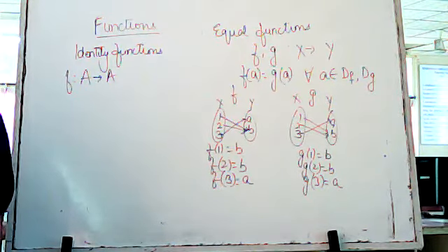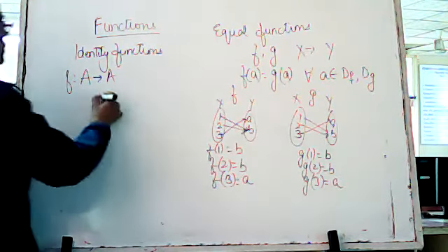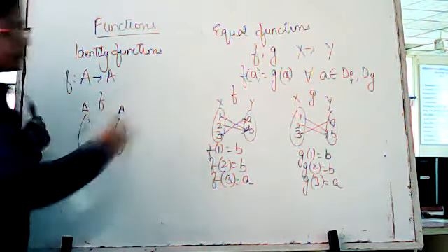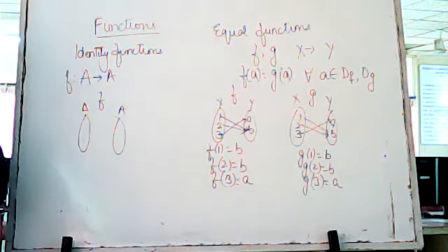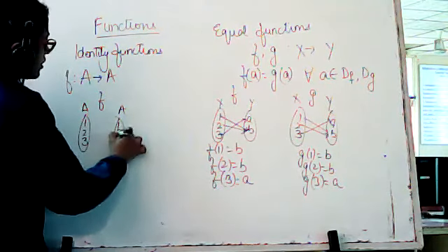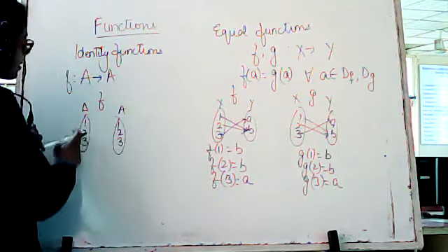If each element of set A has an image on itself, for example, let us suppose we are having a set A in which elements are 1, 2, 3.